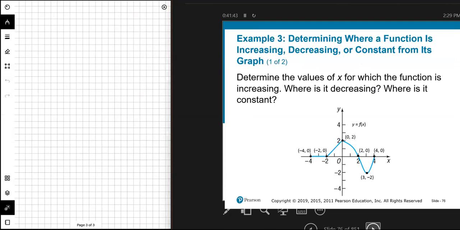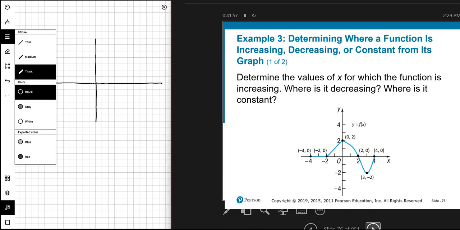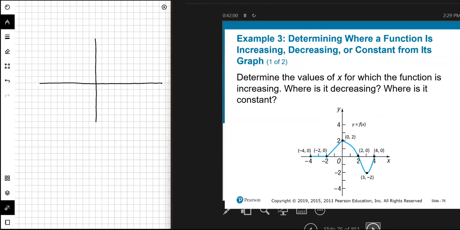So we have this function. We have these points: -4, -2, and 0, 2, and 2, 0, 3, -2, and 4.